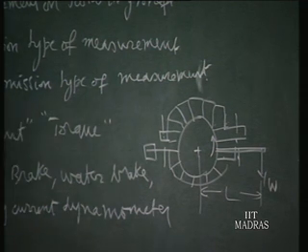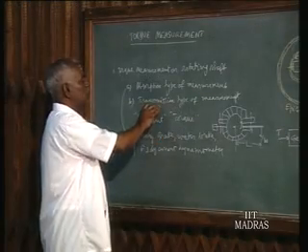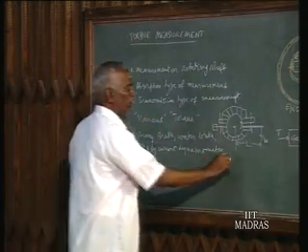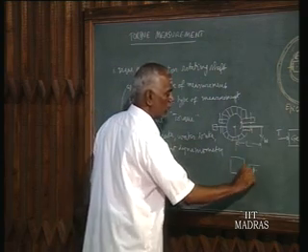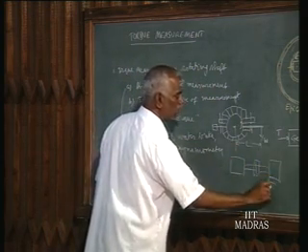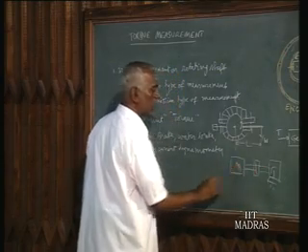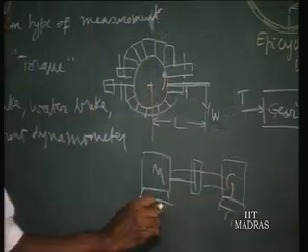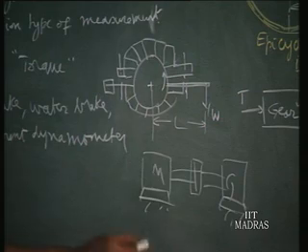In the transmission type, no such absorption is made; the whole power is transmitted. In this situation, for example, there is a motor coupled to a generator. This is the motor, fixed, and this is also fixed, and what is the power transmitted to the generator?